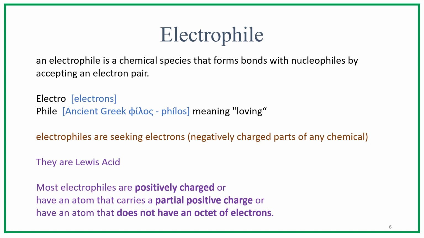That is why they want electrons. They are seeking electrons, they like electrons, they are loving electrons, therefore they try to find electrons to stabilize. That type of chemical species we call an electrophile. This is the chemical symbol we will use in future lessons to represent an electrophile.